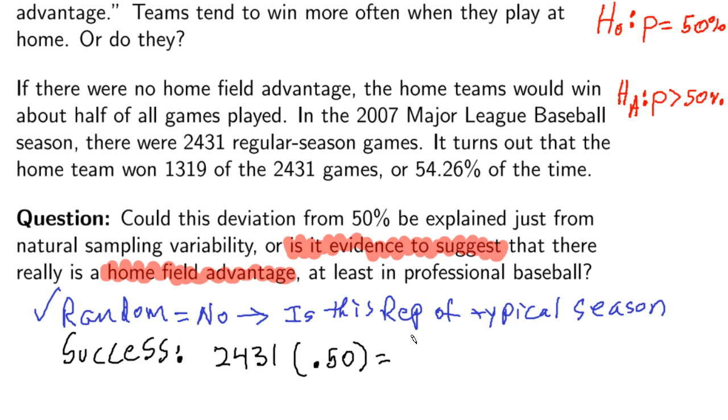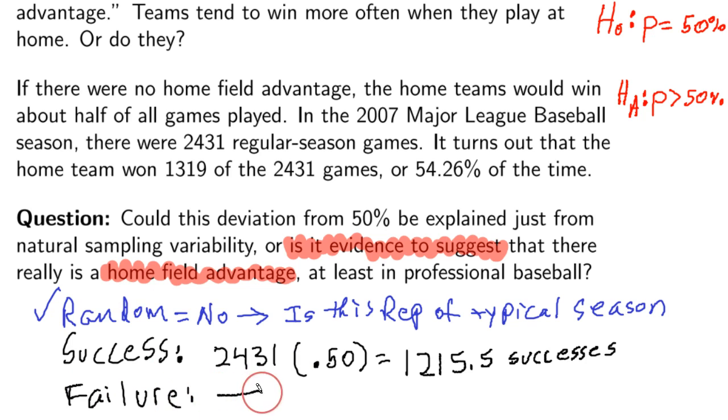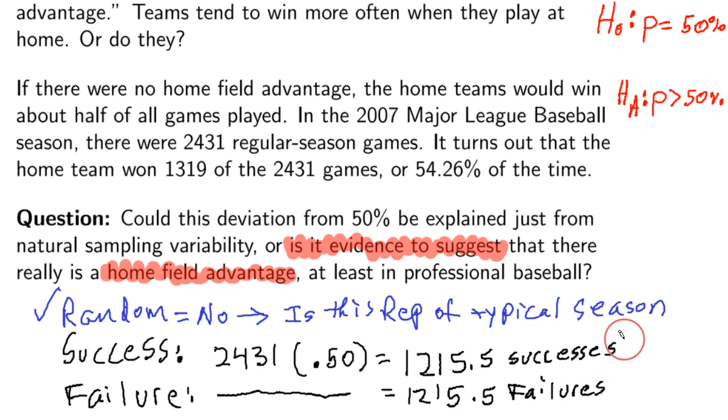When I do that calculation, 2431 multiplied by 0.5, I get 1,215.5 successes. And if I do the calculation again for the failures, because it's a 50-50 split, I get the exact same math, another 1,215.5 failures. The important part is that these successes and failures have to be at least 10.